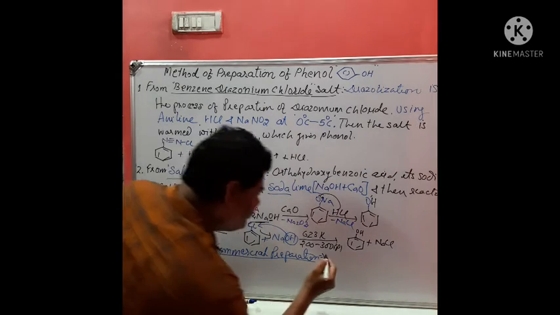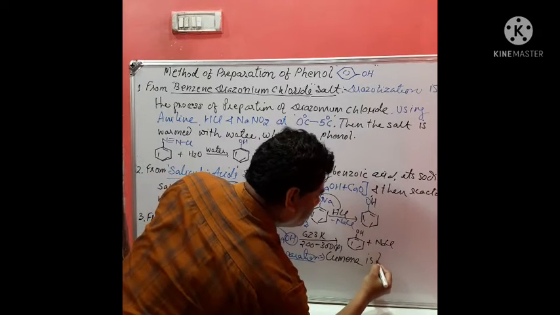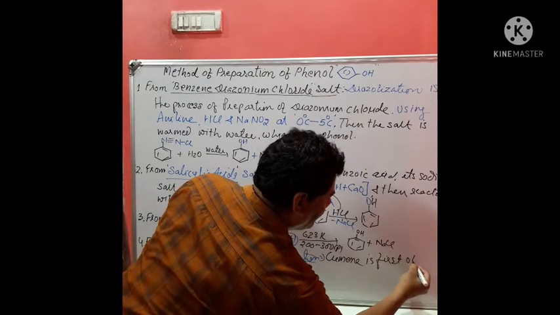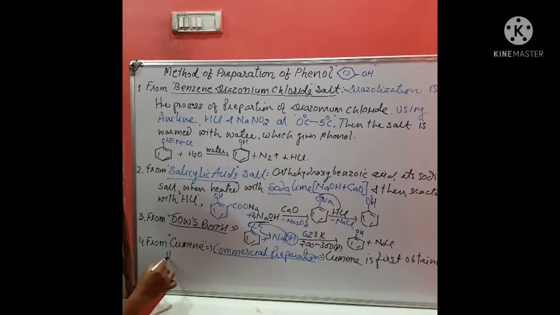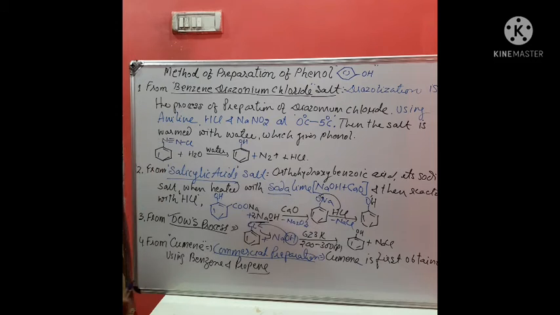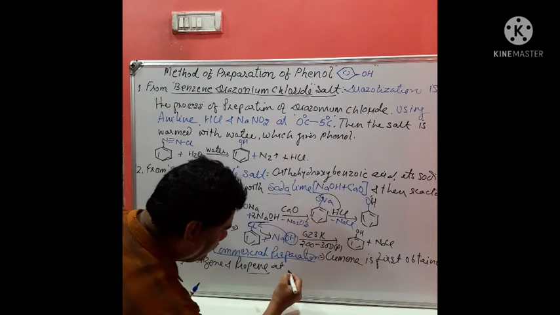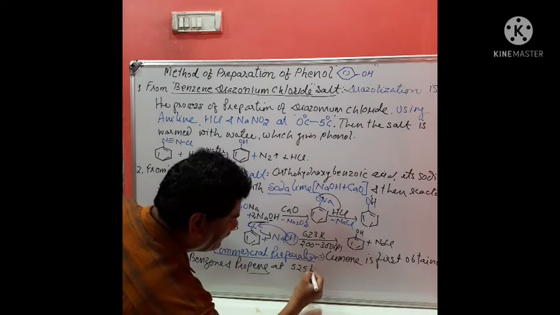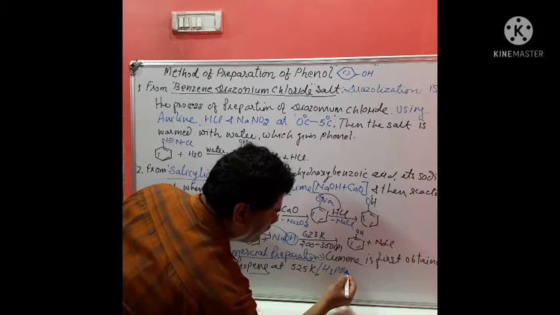Cumene is first obtained using benzene and propene. Benzene and propene, that is what? Alkene. It is unsaturated. Okay, at 525 Kelvin in the presence of H3PO4.